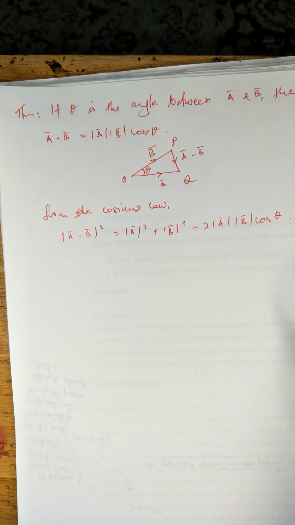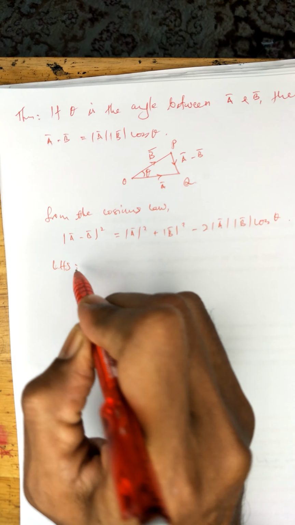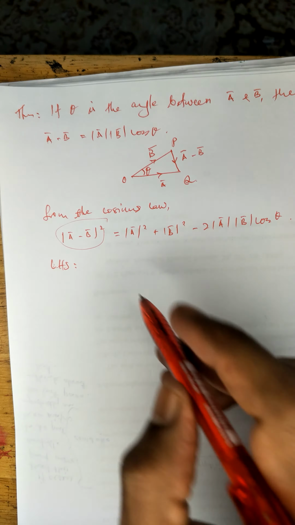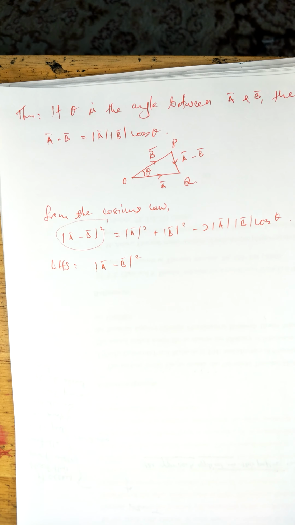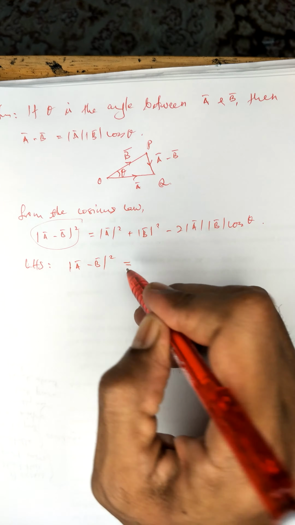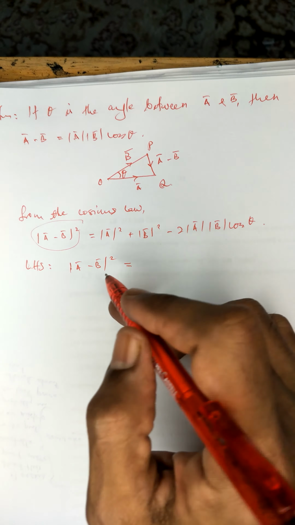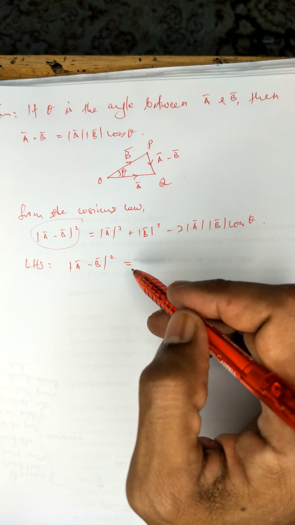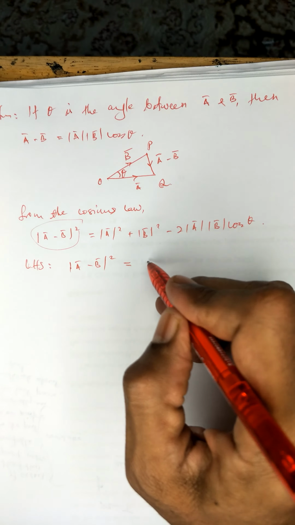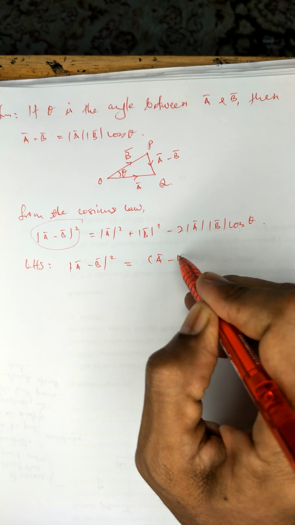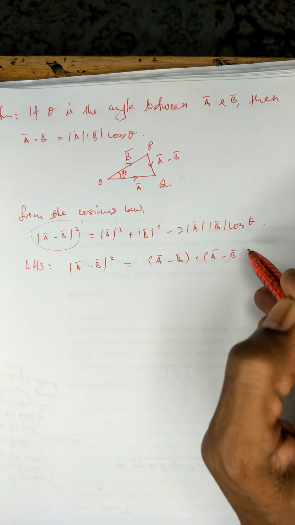Now from the left hand side, which is this part here, we have the magnitude of A minus B squared. You can write this using the definition of the magnitude of vectors, one of the properties of the dot product. So this is (A minus B) dot (A minus B).